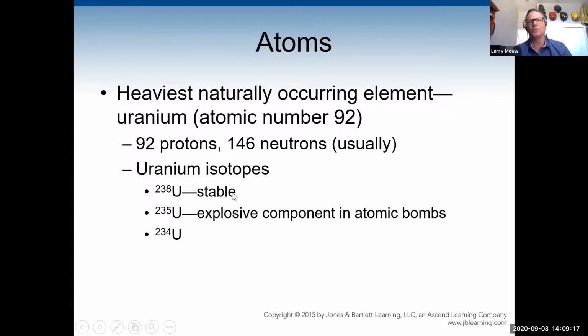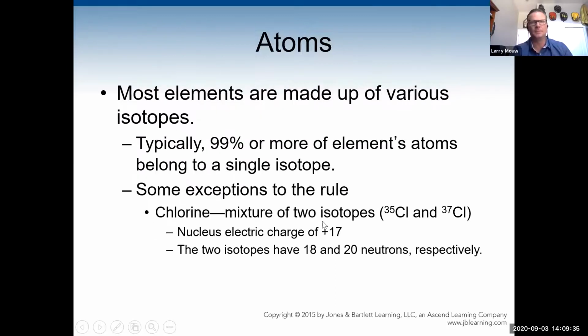So uranium-238 with 146 neutrons is very stable. If we take away 3 of those neutrons, which is not going to change the positive or negative charge of that atom, it's uranium-235, which is the explosive component in atomic bombs, so very unstable.